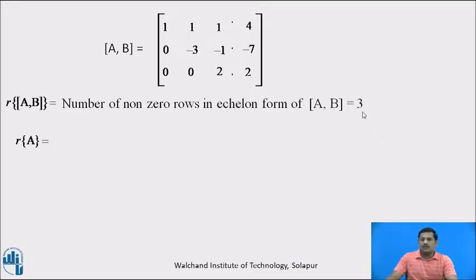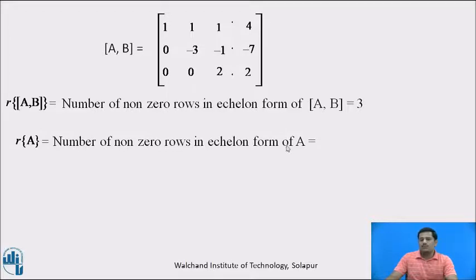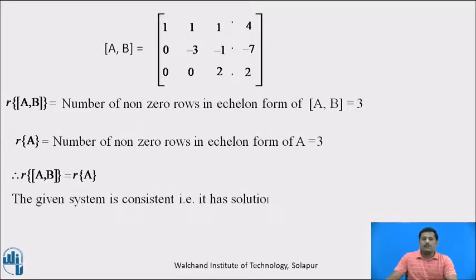Now next, rank of A. It is again the number of non-zero rows in the echelon form of coefficient matrix A. This is the echelon form of coefficient matrix A, and this also contains 3 non-zero rows, that's why its rank is also 3. From these two we can say that rank of augmented matrix AB is equal to rank of the coefficient matrix A. It means the given system is consistent, that is, it has a solution.